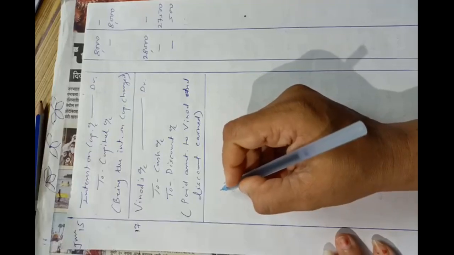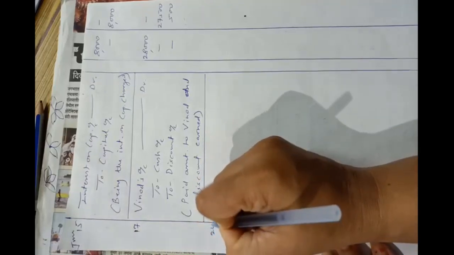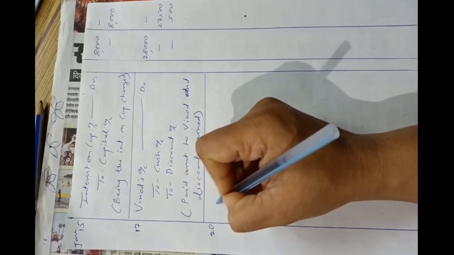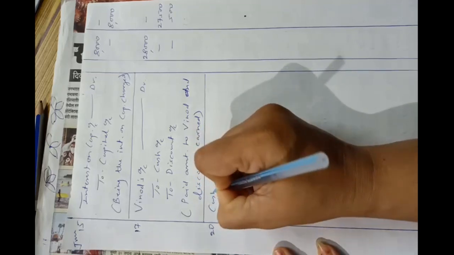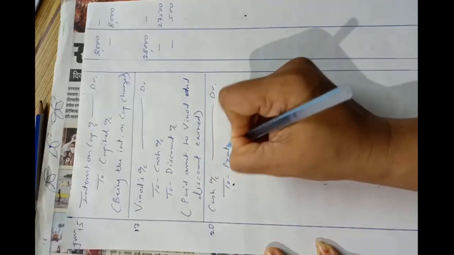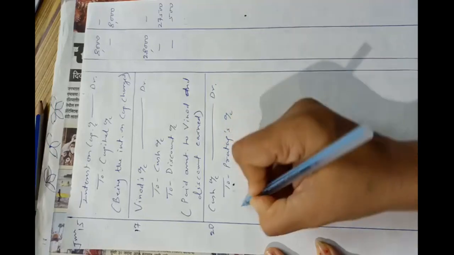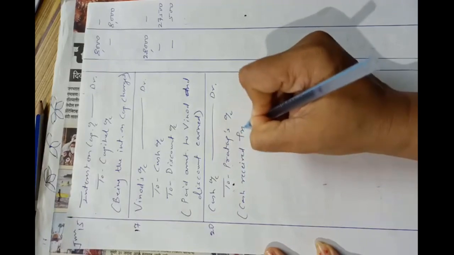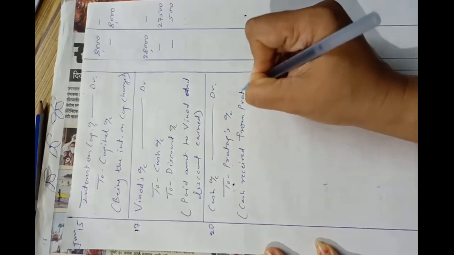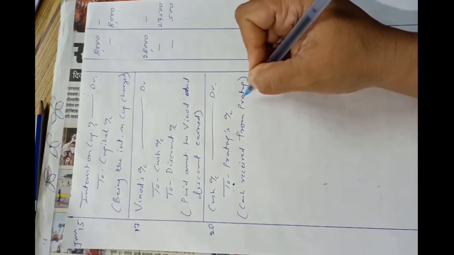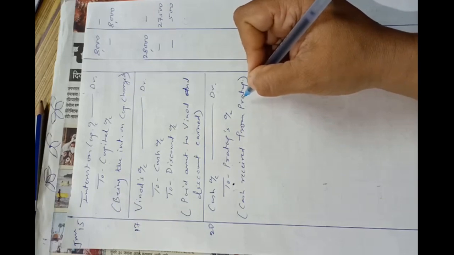Now the next transaction, 20th. Received from Pratap the amount due. We are receiving cash from Pratap. So cash account will be debited. Pratap's account will be credited. And even though the amount is not given in this transaction, on 5th June we have sold goods to Pratap costing rupees 20,000.